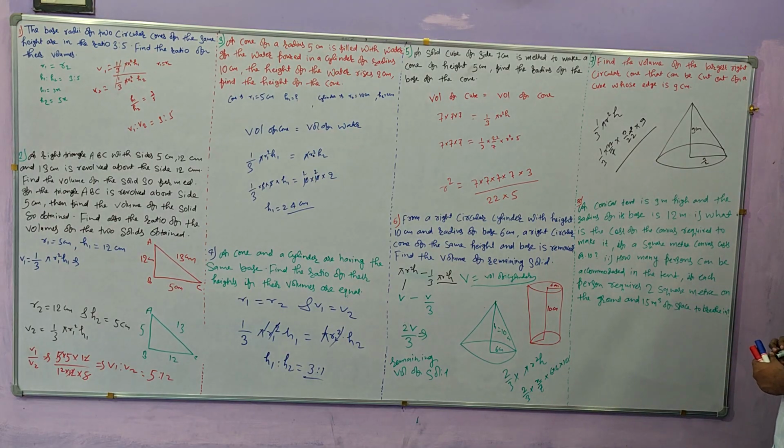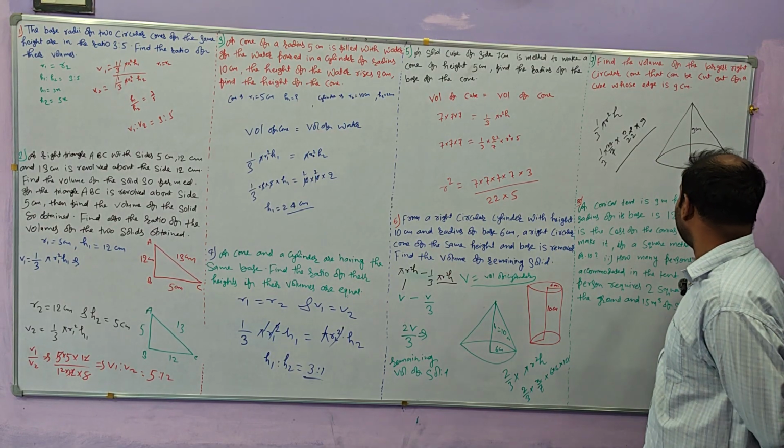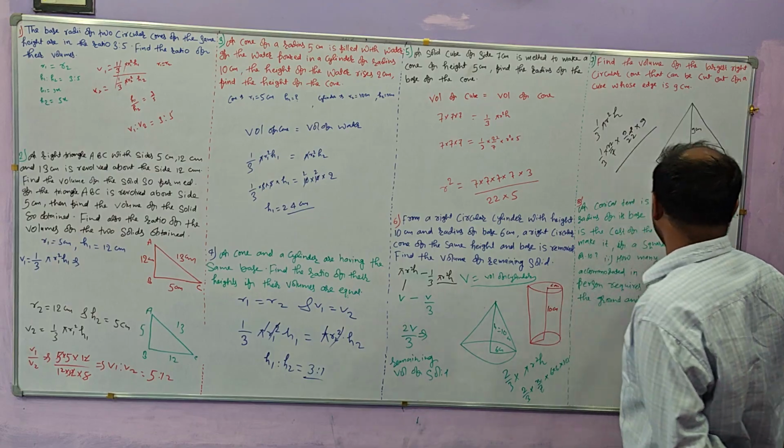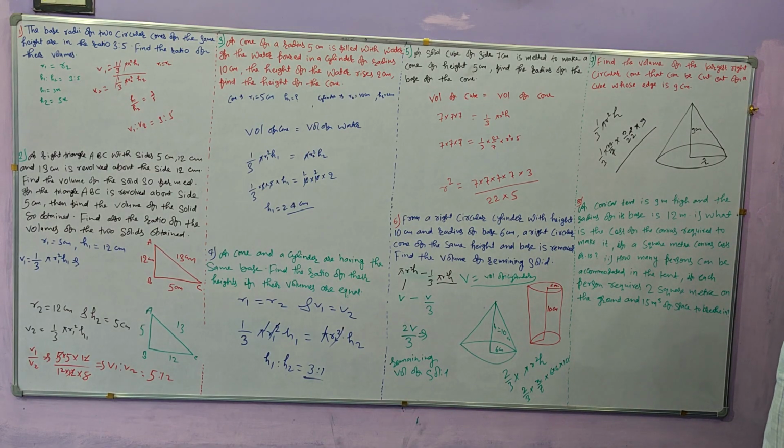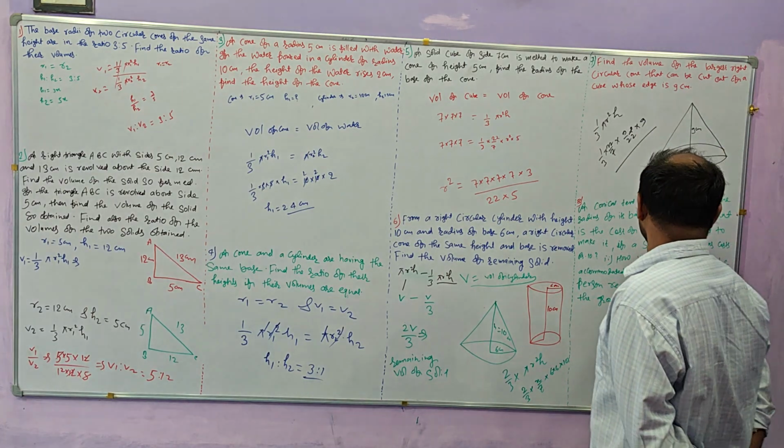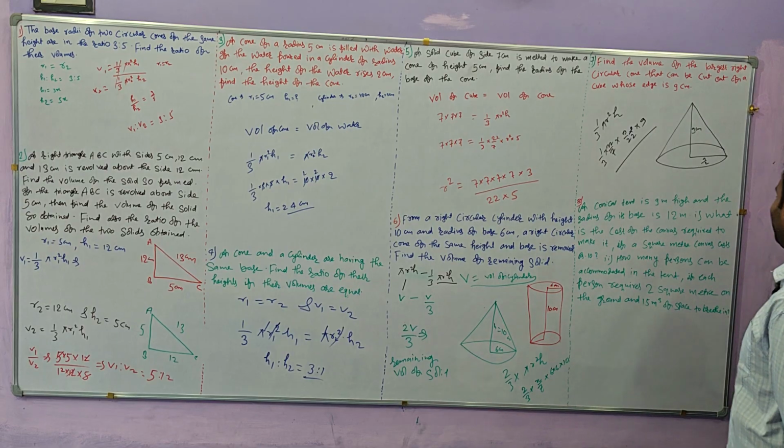A conical tent is 9 meter high and the radius of its base is 12 meters. What is the cost of canvas required to make it if a square meter of canvas costs 10 rupees?